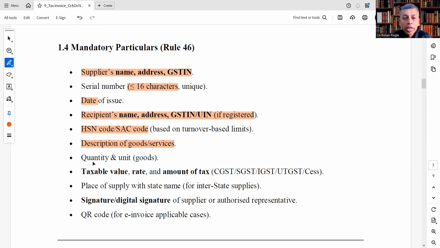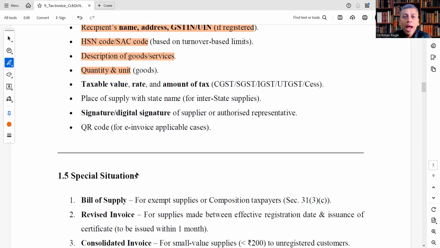Then quantity and units in case of supply of goods, taxable value, rate, and amount of tax, that is CGST, SGST, IGST, UTGST, or cess, should be properly columnarized and differentiated. Means one can identify those components separately.